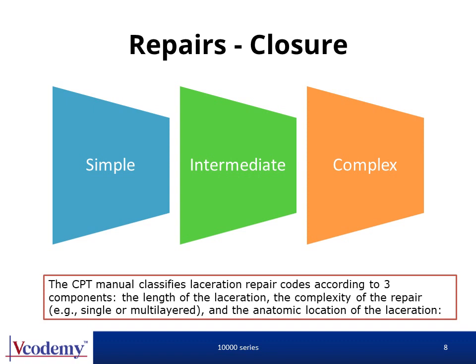Simple lacerations are defined by two anatomic location groupings as below. So here the anatomic grouping is present. 12001 to 12007: simple repair to the scalp, neck, axilla, external genitalia, trunk and/or extremities including hands and feet. 12011 to 12018: simple repair to face, ears, eyelids, nose, lips and/or mucous membranes.